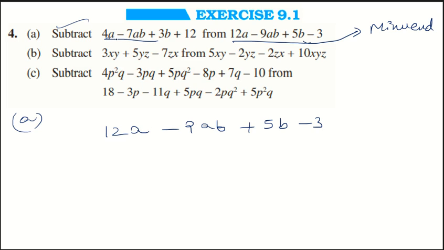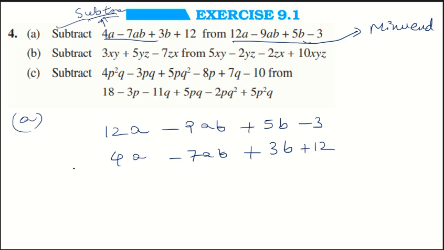Now, this becomes the subtrahend. In the subtrahend we have 4a being a like term, written under 12a, minus 7ab like term written under minus 9ab, plus 3b is a like term under 5b, and plus 12 is a like term with the minus 3.